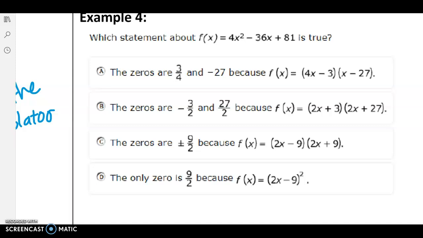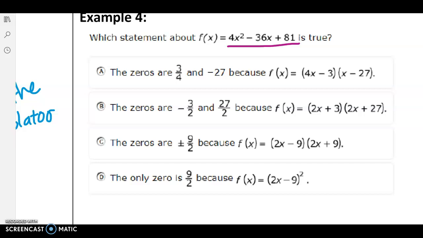Now in this problem here, yes, you could factor it. Make your eye chart, identify A, B, and C. So here's standard form. You could factor it to look like this or this. I don't know which one's the correct answer, but it is easier to see the right answer if we just looked at the zeros instead.